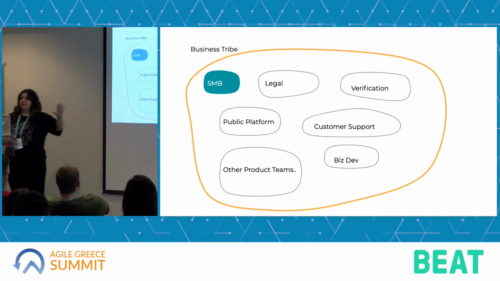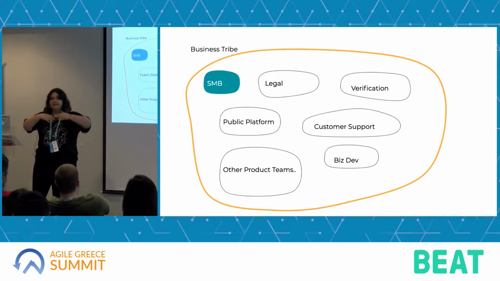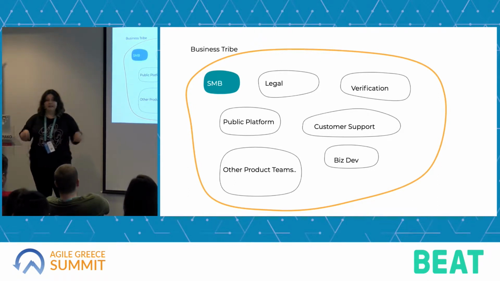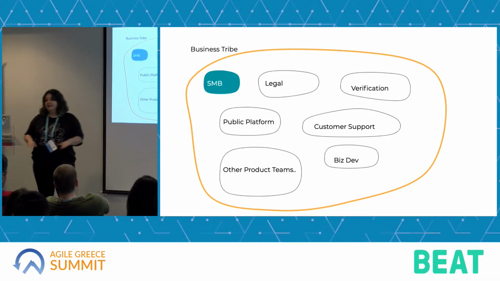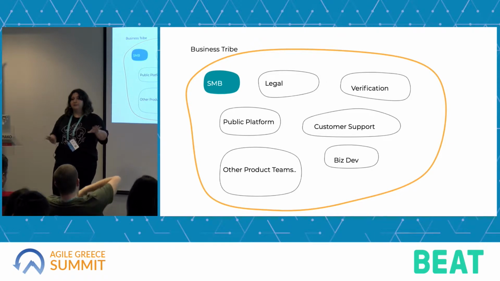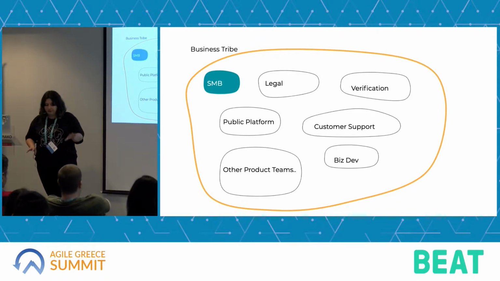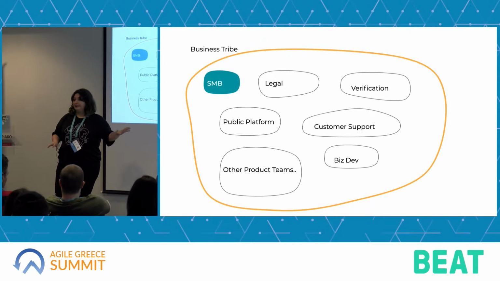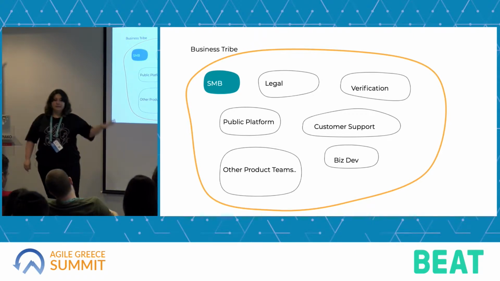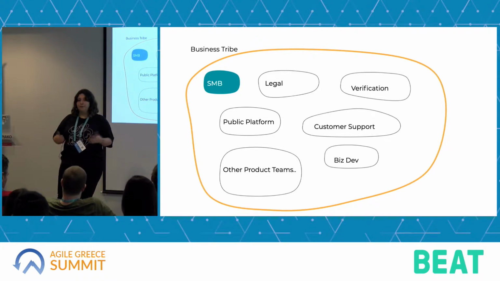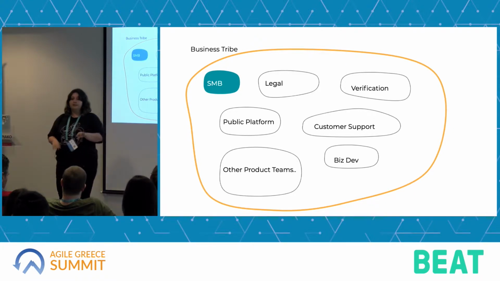I want to talk a bit about our structure. I am in the SMB team, which is an independent autonomous team, which is in a bigger tribe. It has multiple other teams and multiple supporting units that don't really do exactly the same thing as the product teams. For example, we have a legal team, we have business development and customer support that are in our tribe, but they're not exactly the same units as my team.